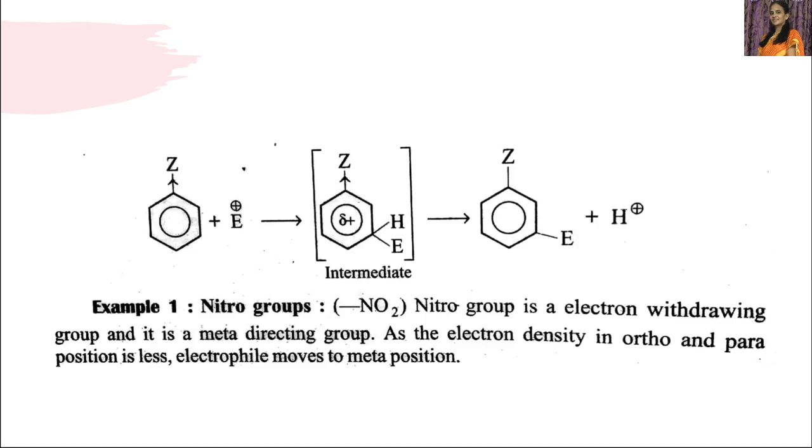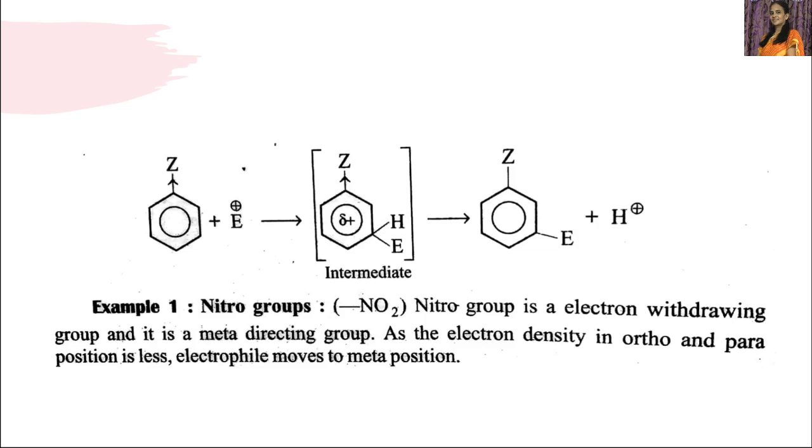Therefore, the incoming electrophile is forced to go to meta position only, either this or this. Thus we get a meta disubstituted benzene. The examples we have already discussed: NO2 group, trimethylamino group, CF3 group. These are all the meta directing groups or ring deactivating groups.